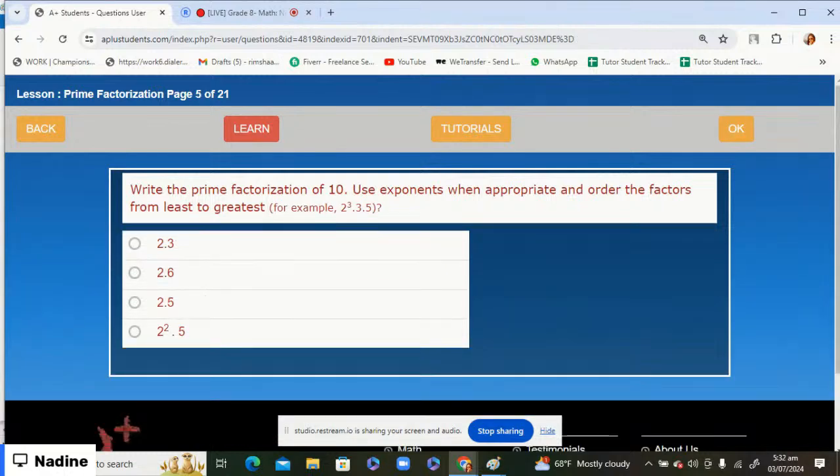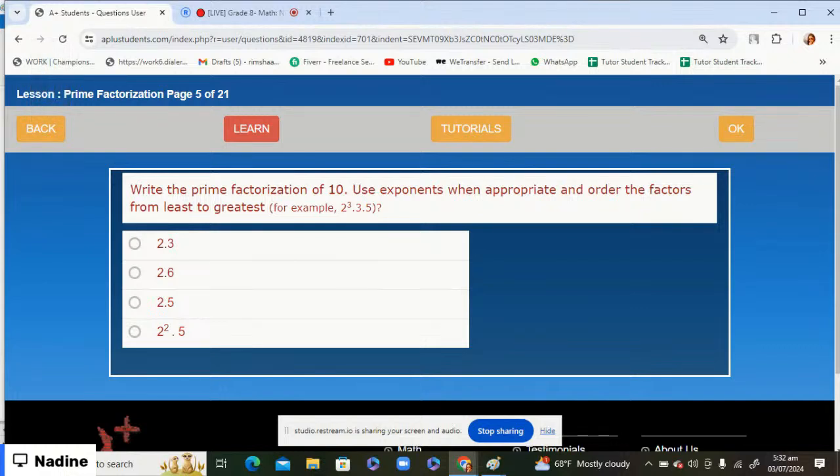Alright, you guys solve this one. Alright, there is 10.